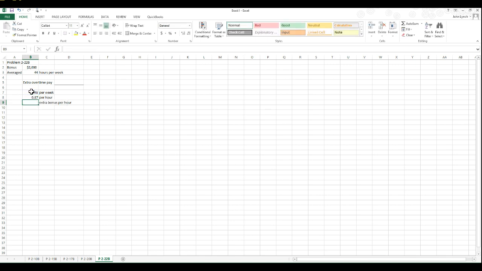The overtime then, we want to calculate the overtime rate, equal round. Again, it's the 87 cents. It's not on a time and a half basis, it's just on a 0.5 basis, because that's the overtime, the 0.5. And again, we want two decimal places, so it comes up to 44 cents per hour for the overtime extra pay.